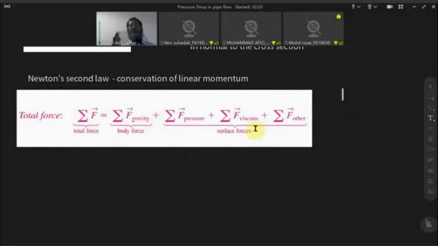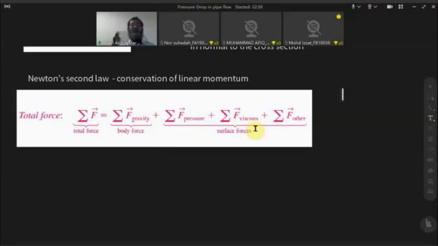So what does it mean? If the body is moving at constant speed, it will remain moving at that speed unless there is a net force acting on it. Or if the body is at rest or stationary, it will remain there until there is a net force acting on it. Right? For a particle, we will consider only the contribution from these two categories of force, which are body forces and surface forces.